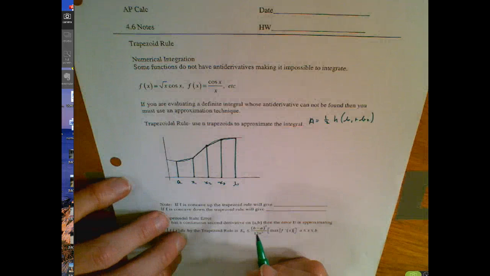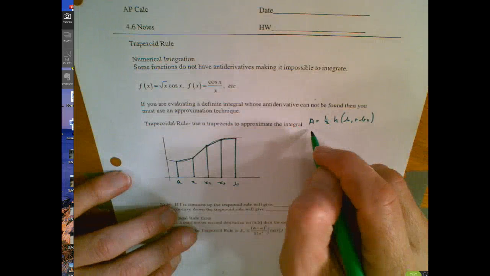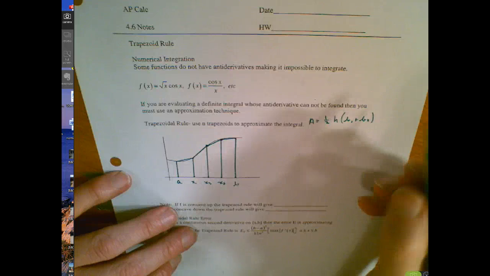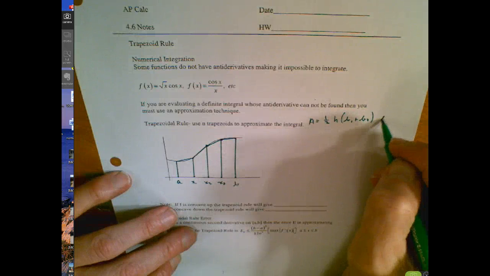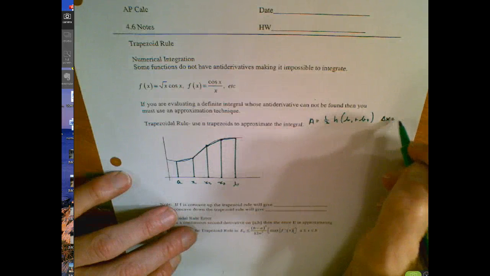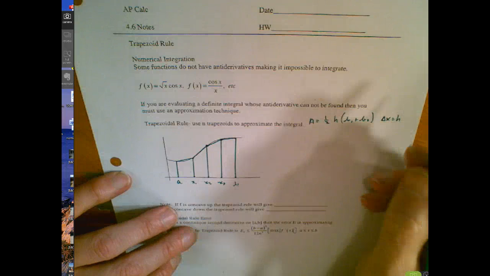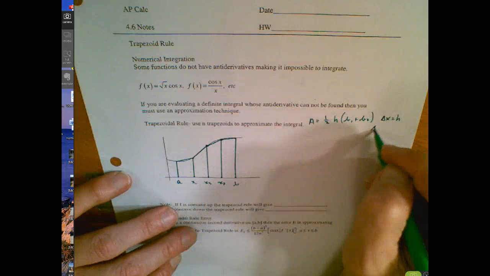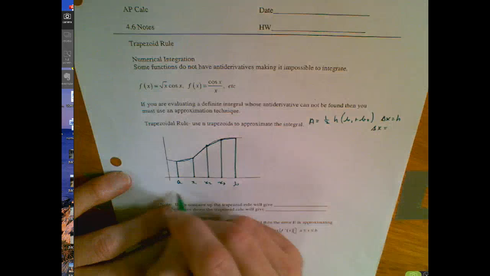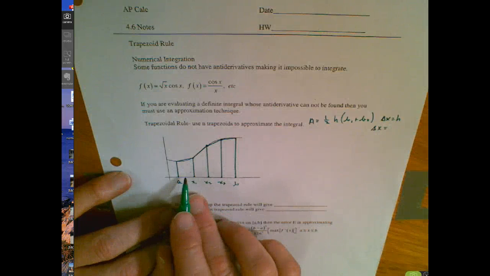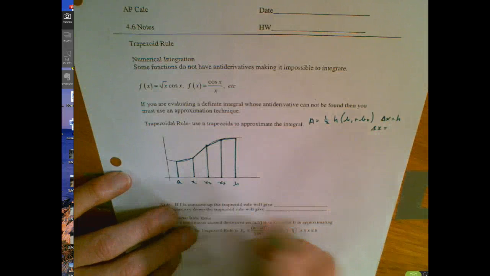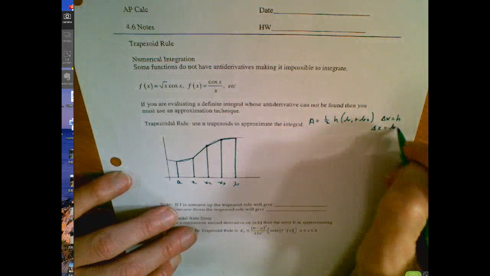Now, we also know that in this particular arrangement, our delta x is equal to the height of our trapezoid. And in this case, our delta x is equal to b minus a divided by the number of partitions. So this would be 1, 2, 3, 4. So n would be 4 for our specific problem, but b minus a over n.